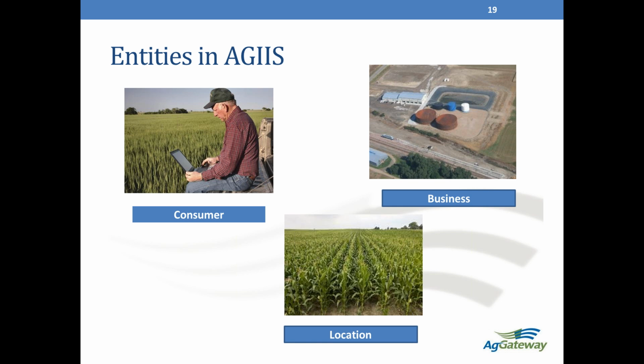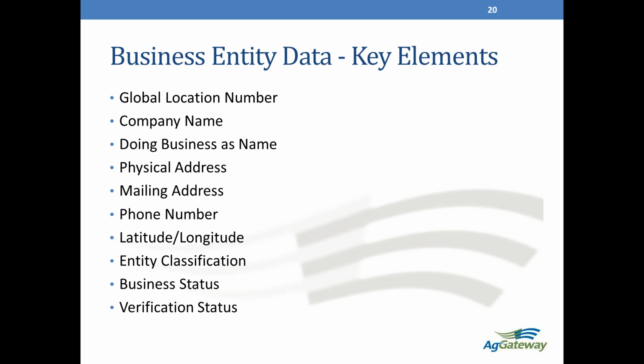And then down below, we have the location. It could be this cornfield of a farmer, or in our database, we have several companies that identify in the crop nutrient area rail sidings or drop points for fertilizer or crop nutrient products. And those are described as locations.